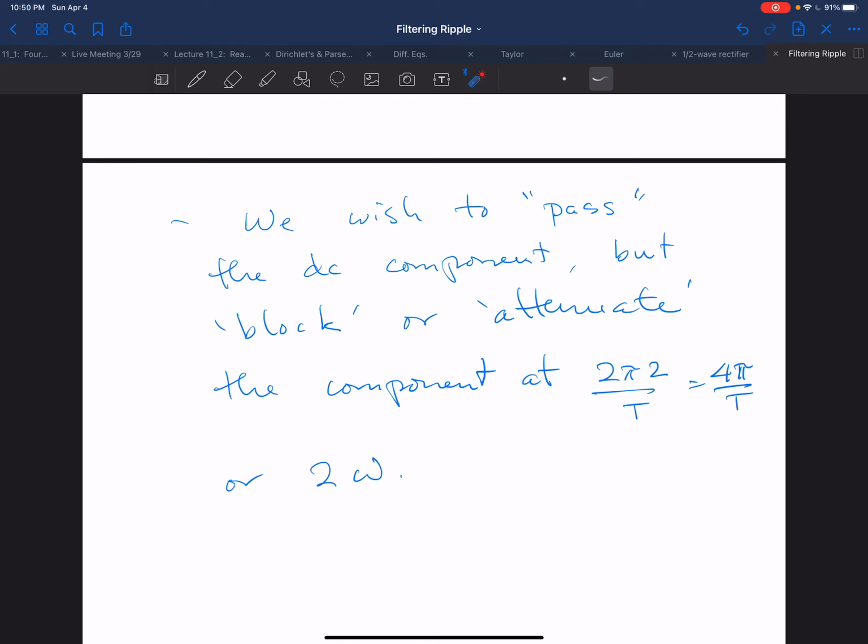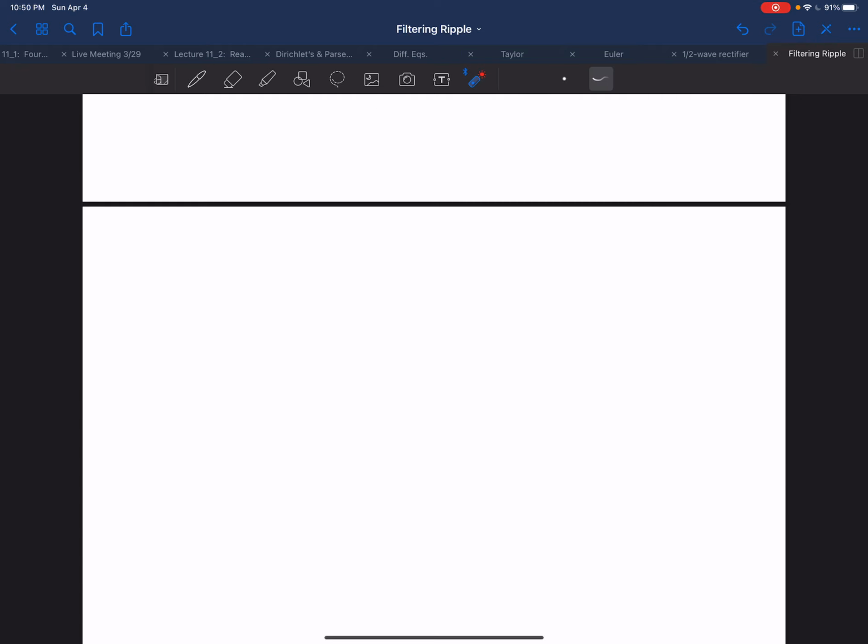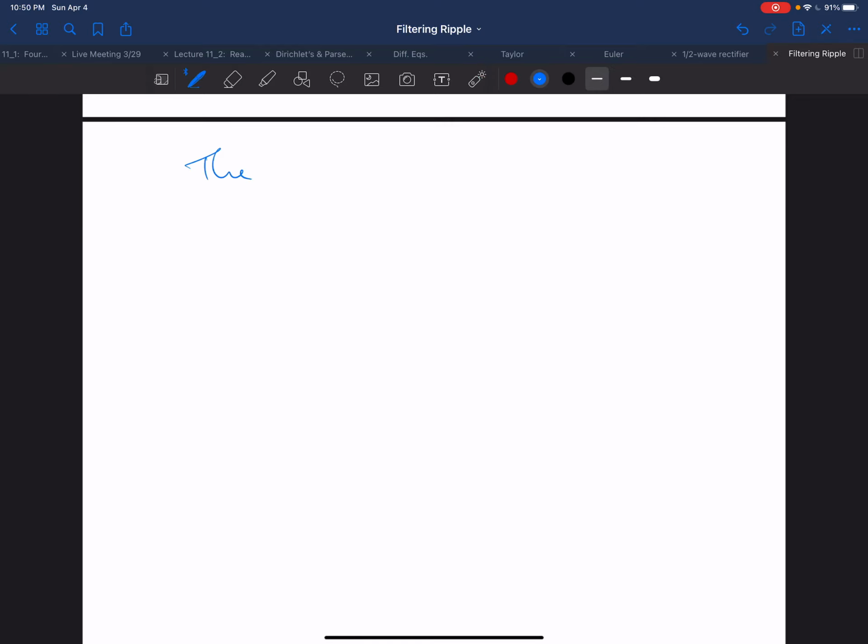Let's see, what's the power in our DC component? The DC component was 2a over pi, so its power is 4 over pi squared a squared. So, roughly 4/9 or so, roughly say 1/2 a squared.